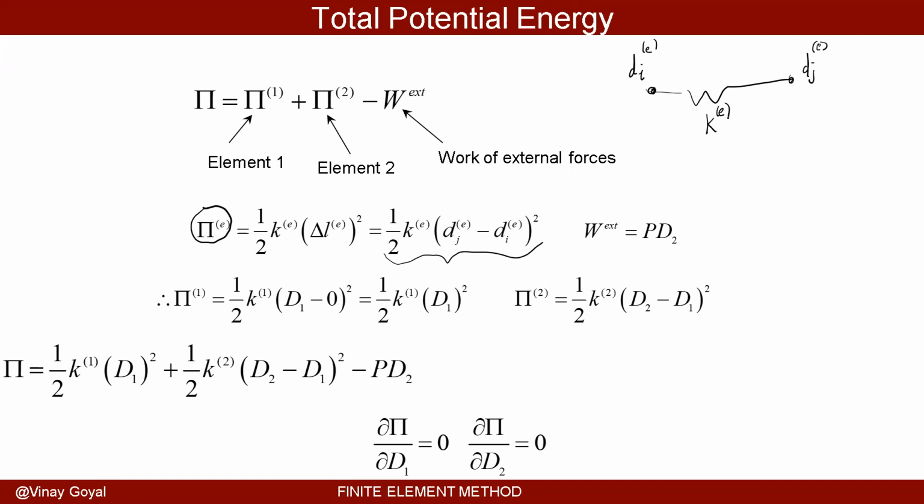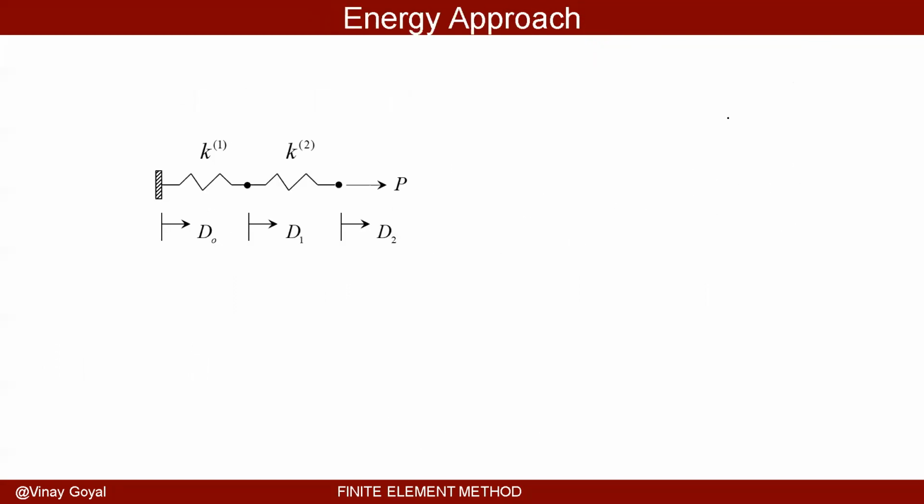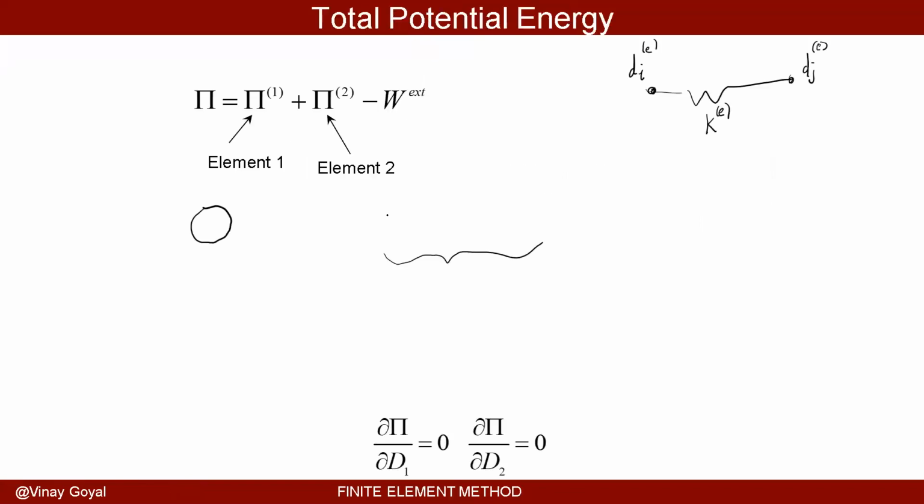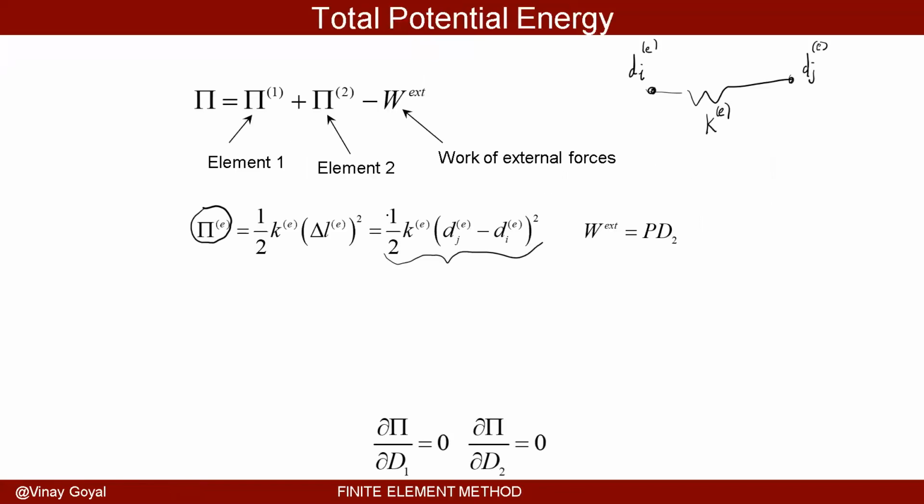So that makes sense. The only potential energy applied for the example problem that we had is this one. The work done due to that load is P times D2, that load applied P times the deflection D2. That makes total sense. So that's what I have written there.